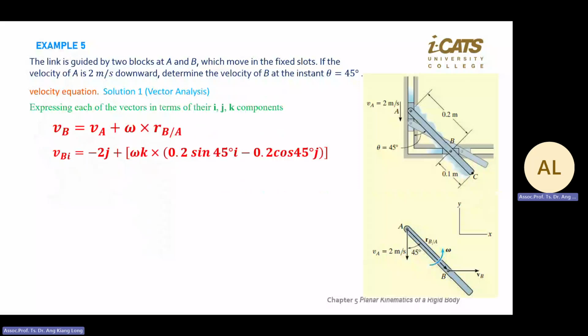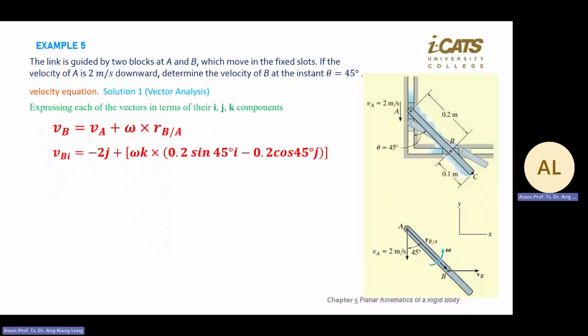The VA I component is 0. But VA you convert into vector form. Going down, Y is J, but your positive direction goes up. However, your motion A goes down, so you should write negative 2J. This VA, according to this diagram, moves down, but your axis Y positive goes up, so your VA will be negative 2J. And then bracket omega.